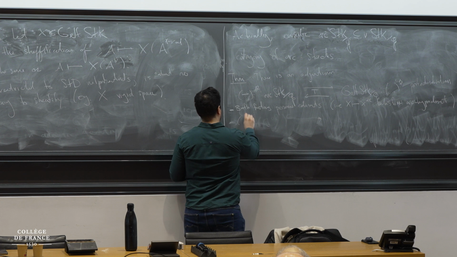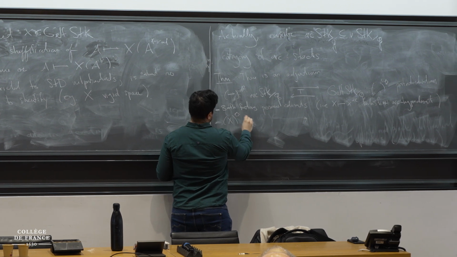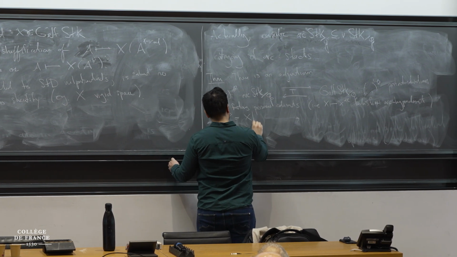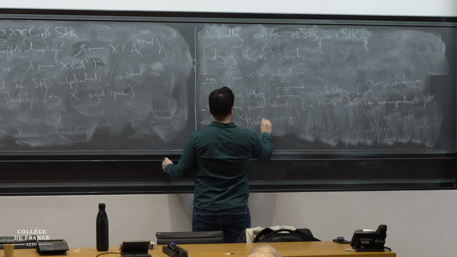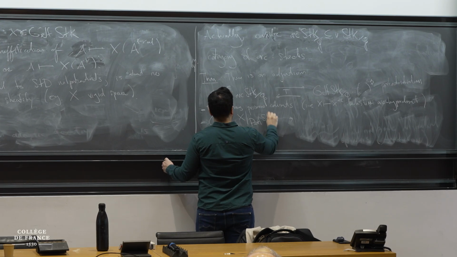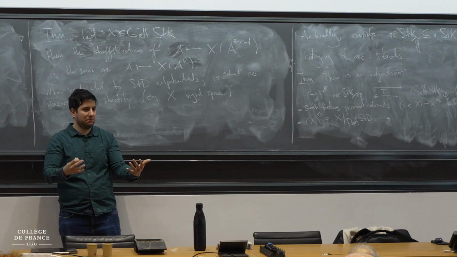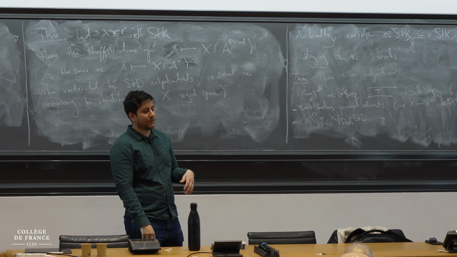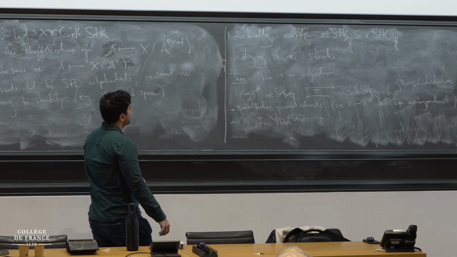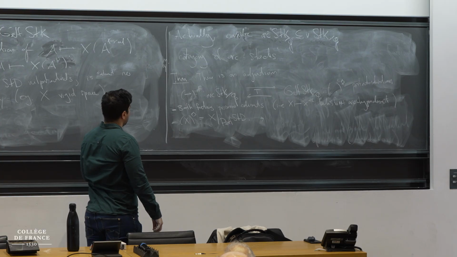This perfectoidization functor is basically just the restriction of X to strictly totally disconnected perfectoids. You have a functor on these, you can just restrict to them, and that actually gives you an arc stack. So that's a cheap way to construct something here.